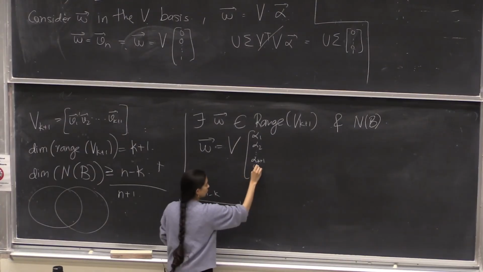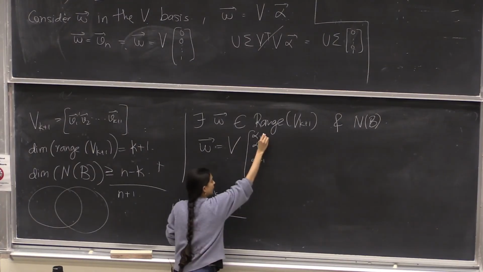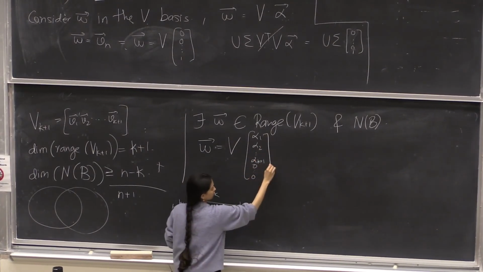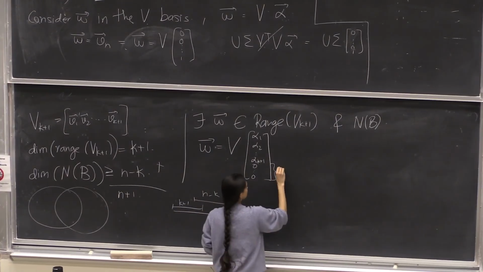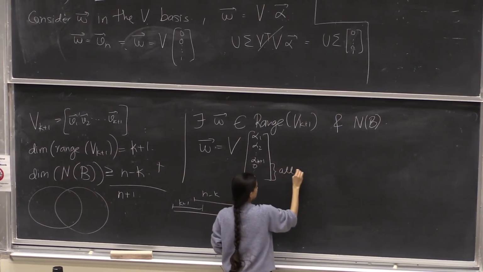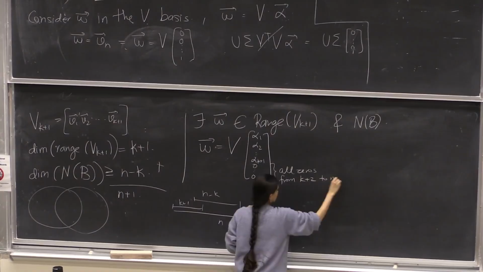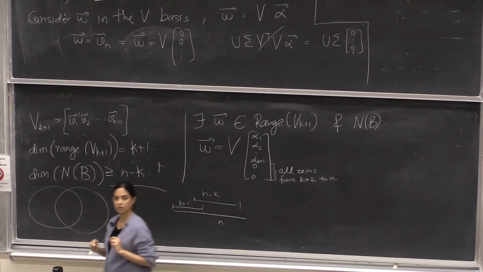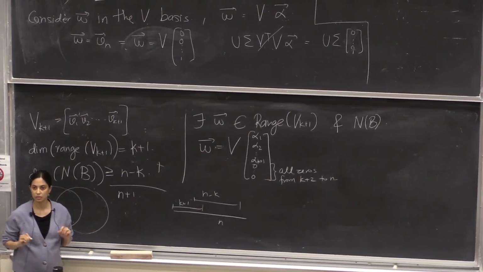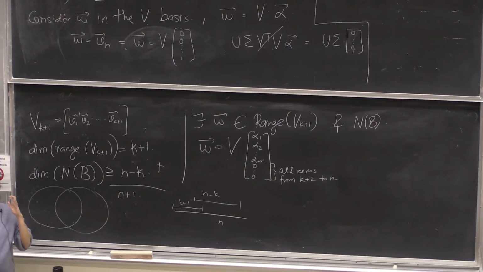Everything from k plus 2 all the way to n must be 0. You with me? Are you following this?